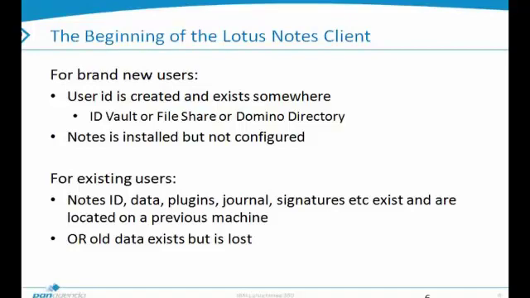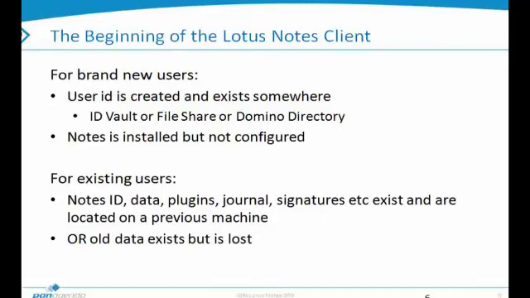If you have brand new users, that means that typically a user ID is already created and lives somewhere, which could be either an ID vault, maybe it's a file share, maybe you just saved the user IDs to a Domino directory, but there's an ID somewhere, and typically this means that Notes is installed on a workstation but not configured.